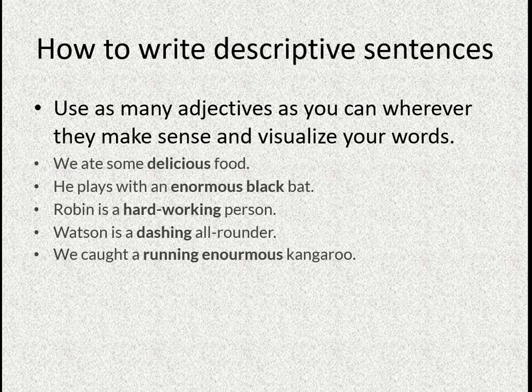Watson is a dashing all-rounder. He caught a running enormous kangaroo. We used here the adjectives to create our image. We always use adjectives to convey the image. To visualize, to help the reader to use his own senses through imagination.